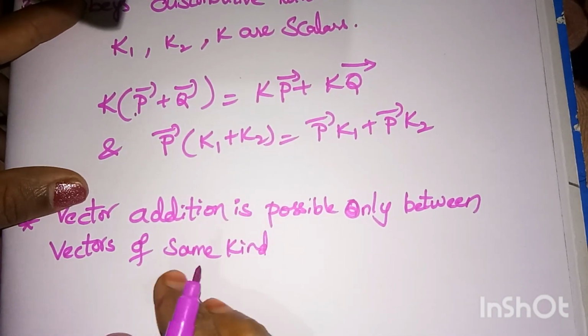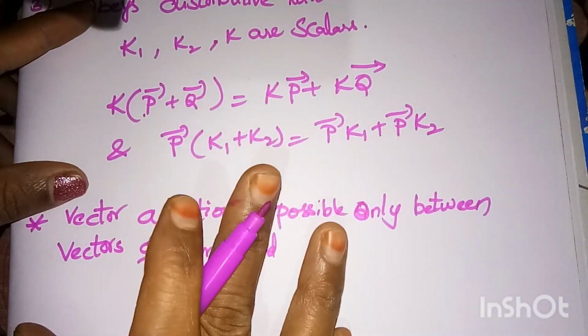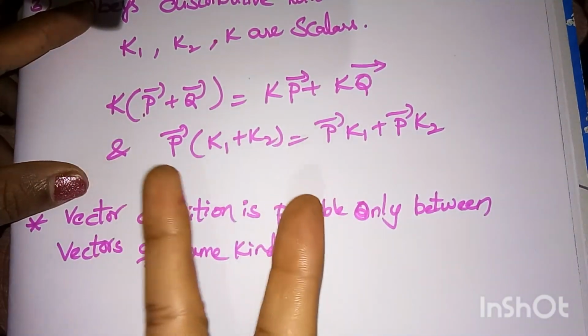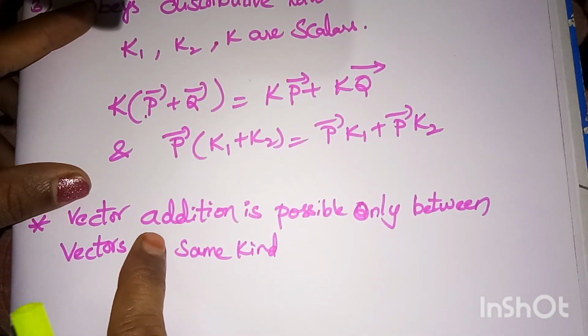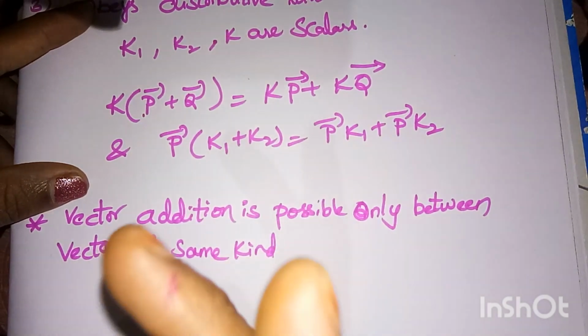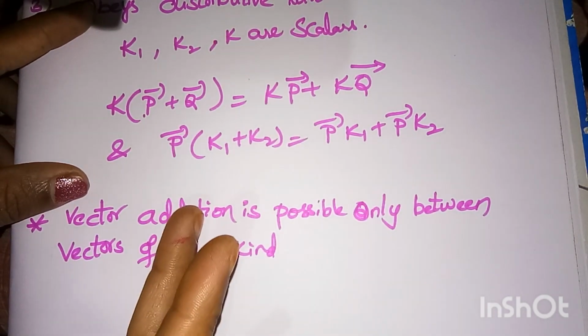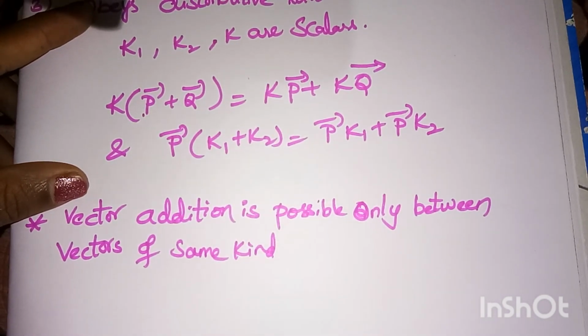Vector addition is only possible when the two vectors are of the same kind. If we take two vectors of different kinds, vector addition is not possible. So if you find the vector addition, the two vectors should be of the same kind.